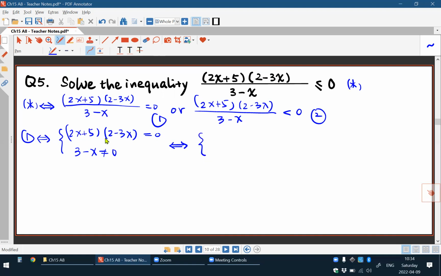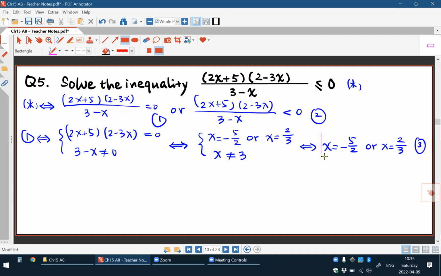From the first equation, we get x can be either -5/2 or x can be 2/3, right? And from the second, we can solve that x cannot be 3. Of course, this is equivalent to x being either -5/2 or 2/3. Let's call this number 3. So this is the solution to the first branch.